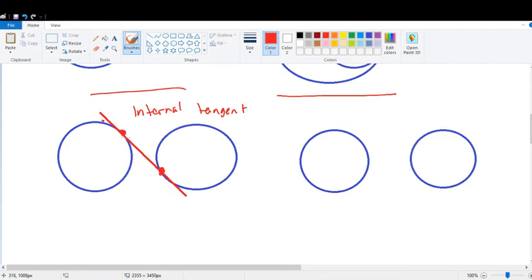It's intersecting the circles at one location, and it's between them. If I have a tangent that's on the outside, then we call this an exterior tangent. All right, it's a line that intersects one point of a circle, one point of another. We call it exterior, and it's on the outside.